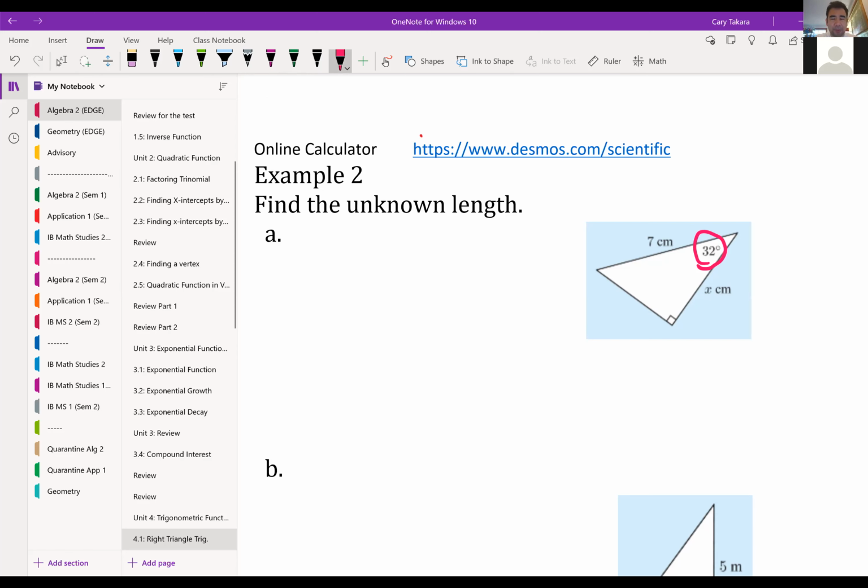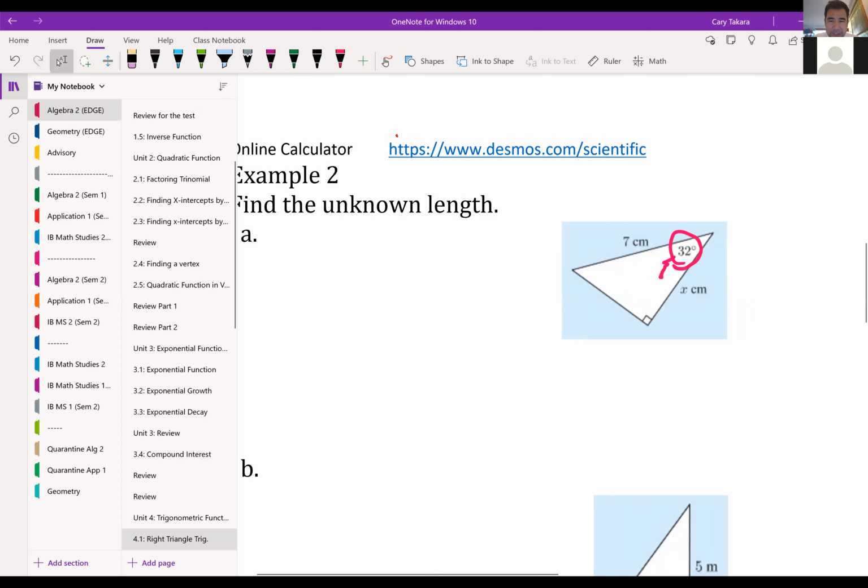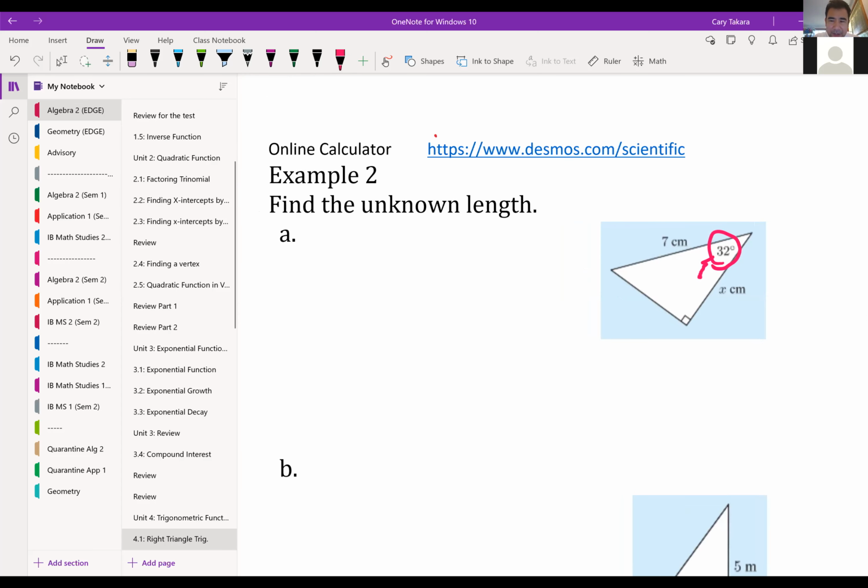So let's label. Which side is the opposite? Opposite is the opposite side from theta, right? This side is opposite because it is opposite from theta, or the focus angle. Where is the hypotenuse?